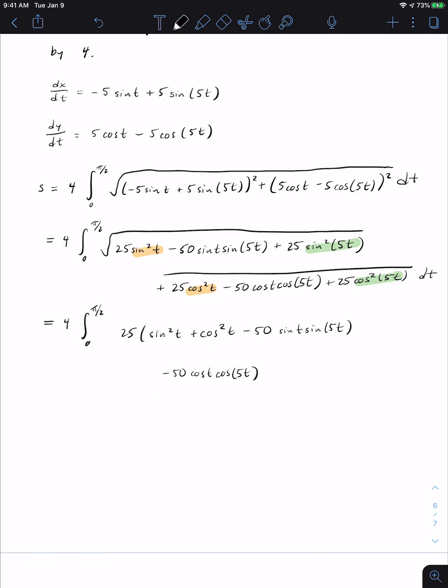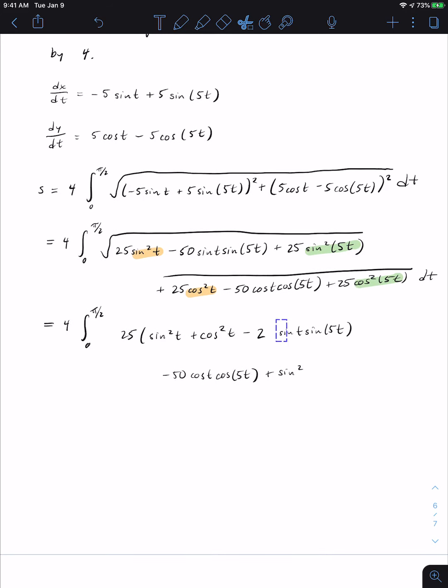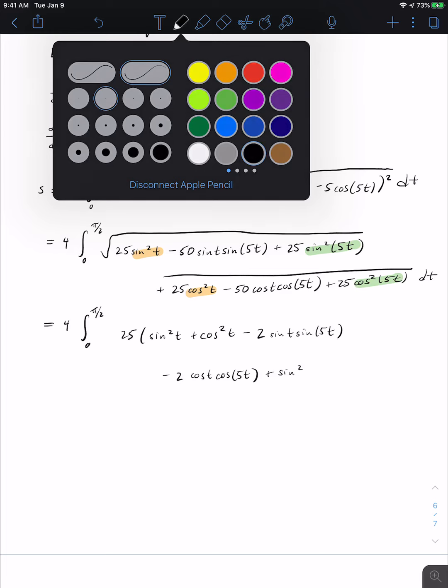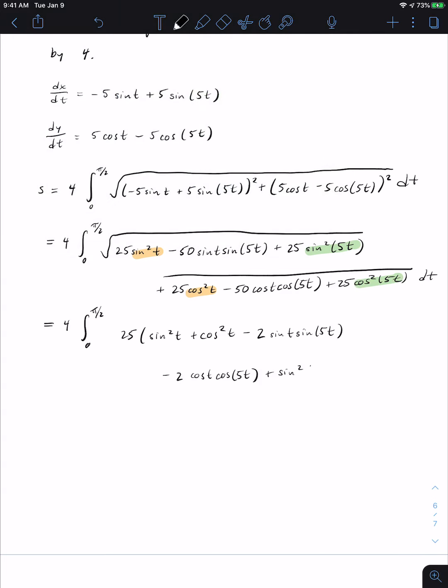Scoot this down a little bit. So I took care of these two terms, and now I'm going to group my green terms together. I shouldn't put 50, I should put 2 there and 2 here, because I pulled out 25. So I get sine squared of 5t plus cosine squared of 5t.